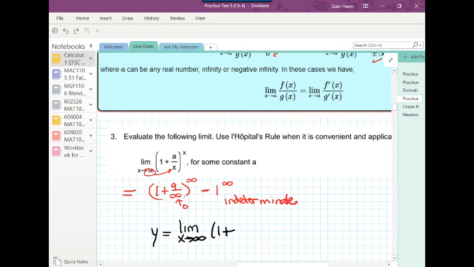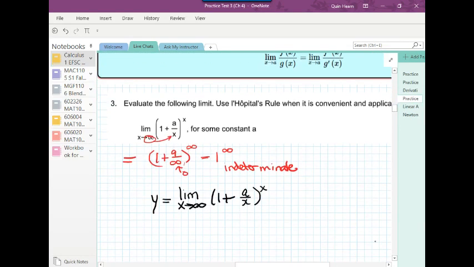So let's see what kind of a form we have right now. This is, if you tried to plug in infinity, if you can think of it that way, right? So what would it be to have 1 plus a over infinity to the infinity power? All right, so it looks like this term would go to 0.